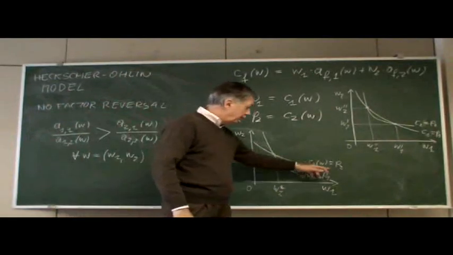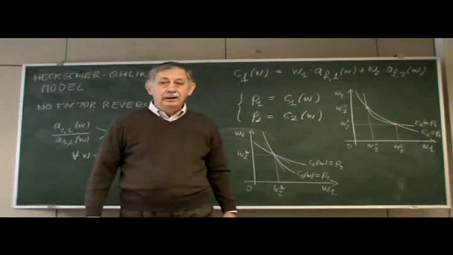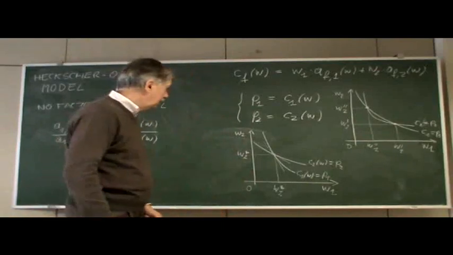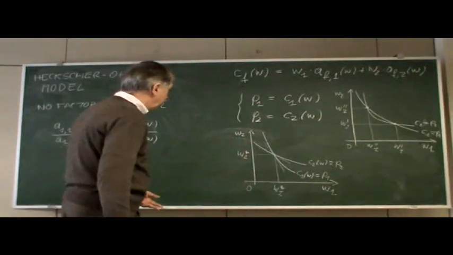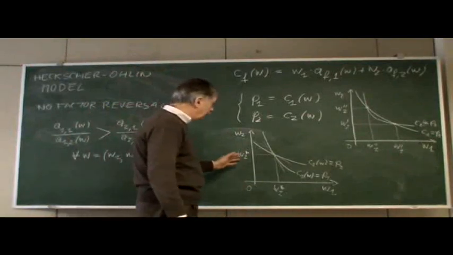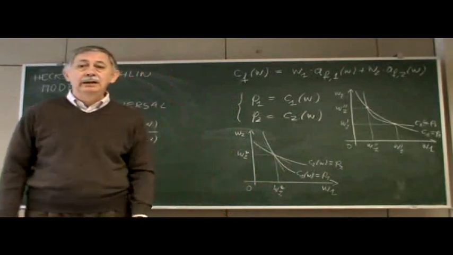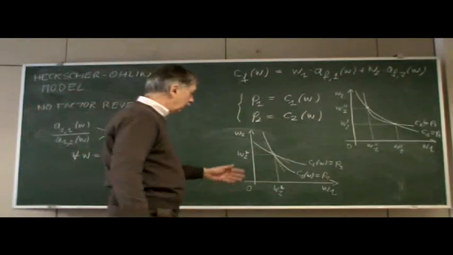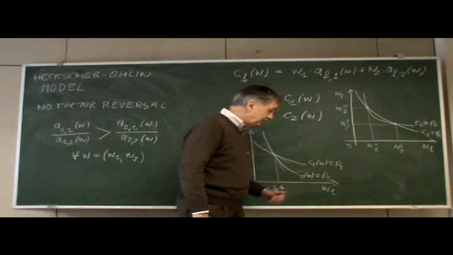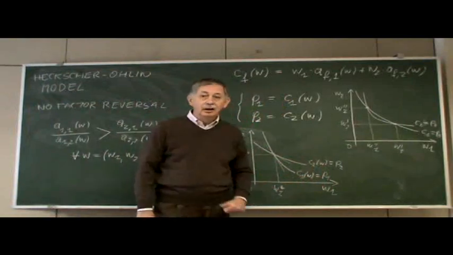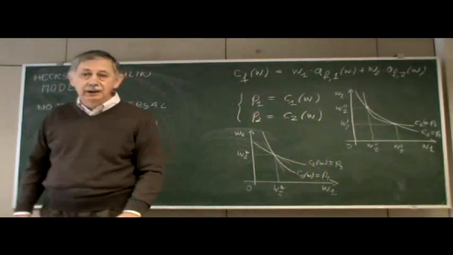Since product prices are equal for every country, in absence of transport costs, of course, then also factor prices will be equal in every country. Equality of product prices implies equality of factor prices.